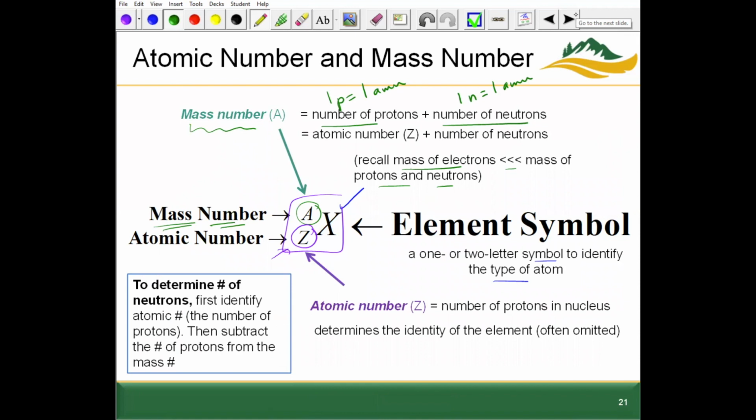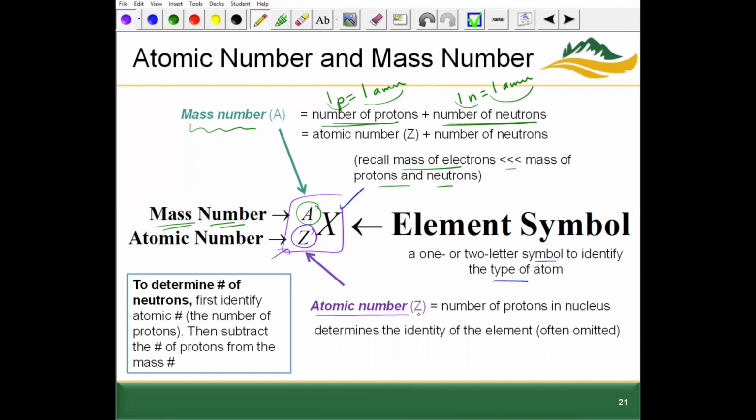We'll do some examples of looking more at this, but remember that the mass number is going to be the mass in atomic mass units of protons and neutrons. But even easier to understand, the mass number then is also the number of protons plus the number of neutrons. Remember, because 1 proton is the same as 1 atomic mass unit, 1 neutron is the same as 1 atomic mass unit.